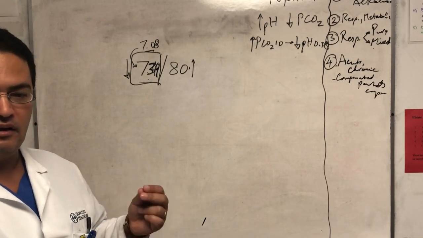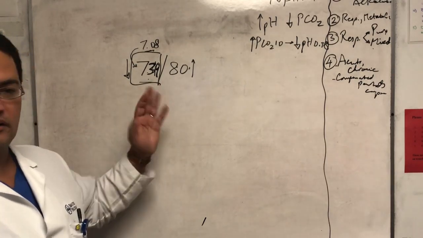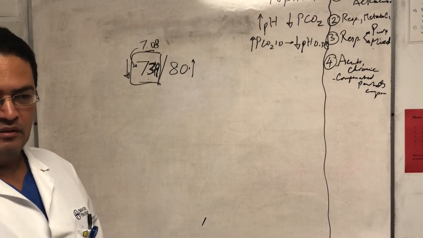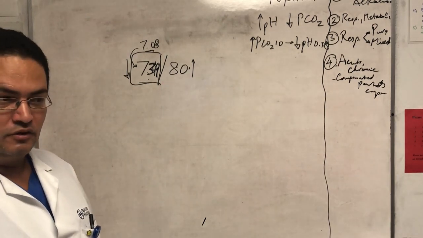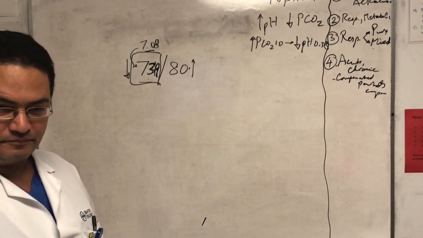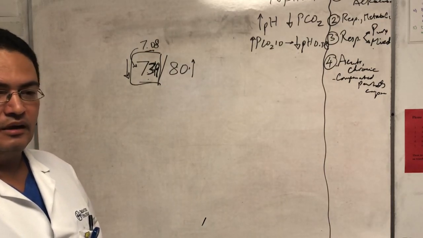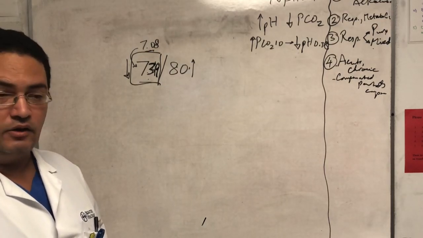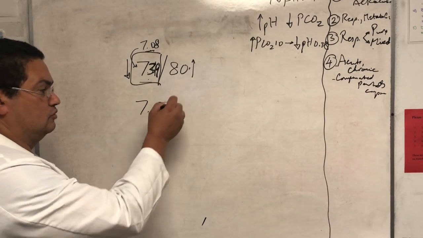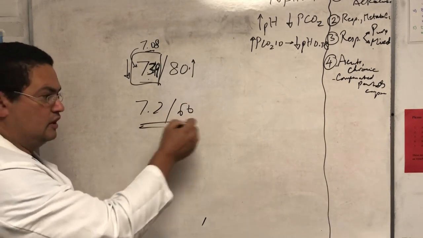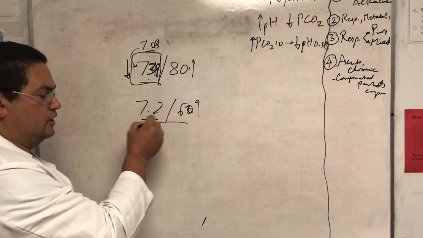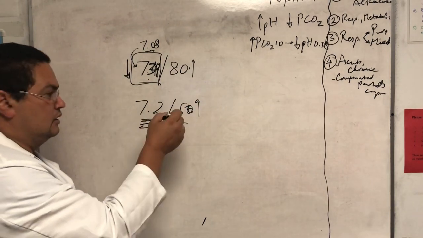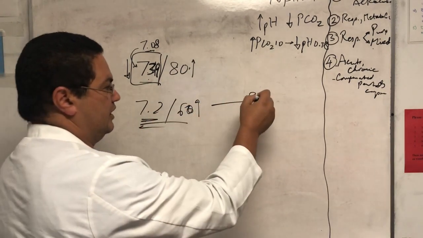So if you are a COPD patient walking around like this, you're not going to be sleepy. But if I give you 2 milligrams of dilaudid, you accumulate CO2 a little bit, and your pH goes down to 7.2, and this is the blood-brain barrier.